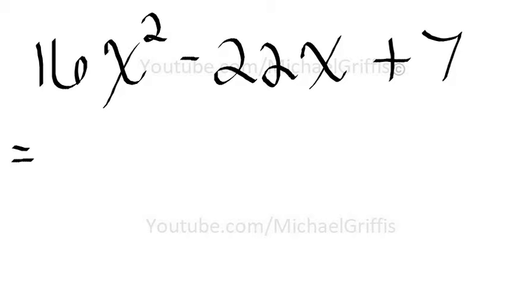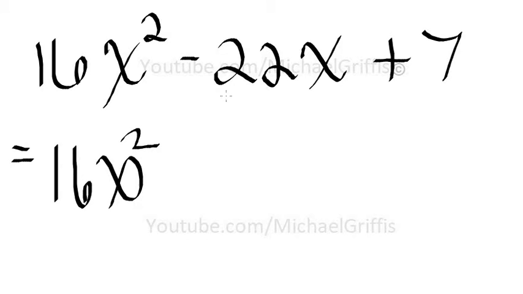Okay, let's take a look at this quickly because we're at 7 minutes and 37 seconds already. I'm going to rewrite this. 16x squared. So we got to somehow split this up. First, can I even factor anything out of that? 16, 22, and 7? No, I can't. Okay, let's see here. 14 and 8. Is that 22? 14 and 8.